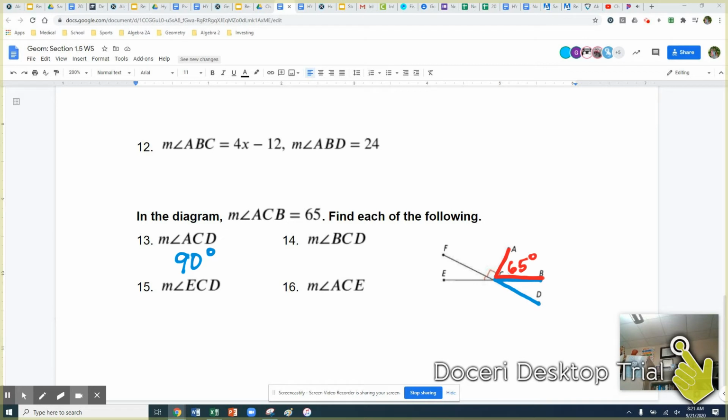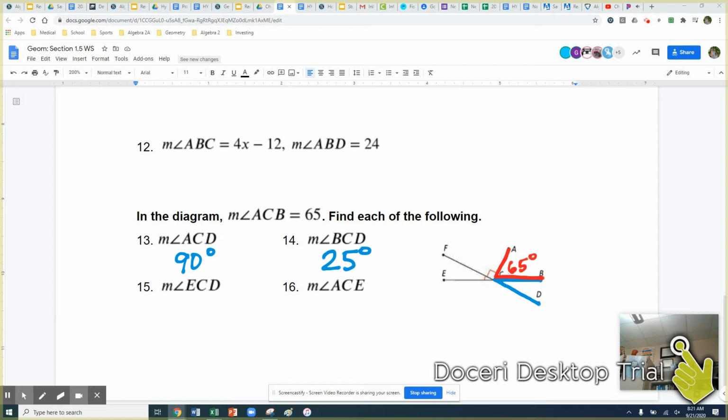And what did we just say? How many degrees is that ACD? 90. So any ideas? How could I figure out then that blue angle BCD? Any thoughts? 90 minus 65. Excellent. We know it's got to be 90. We know 65 of those degrees are taken up. So we subtract it. I'm getting 25. Is that what you guys are getting? Yeah. Perfect. So there's 25 degrees.